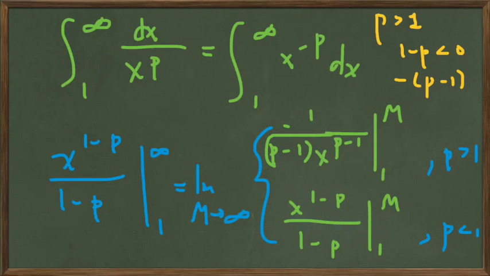And when we write it that way, this exponent becomes like a negative exponent, and we can move it to the denominator as p minus 1.